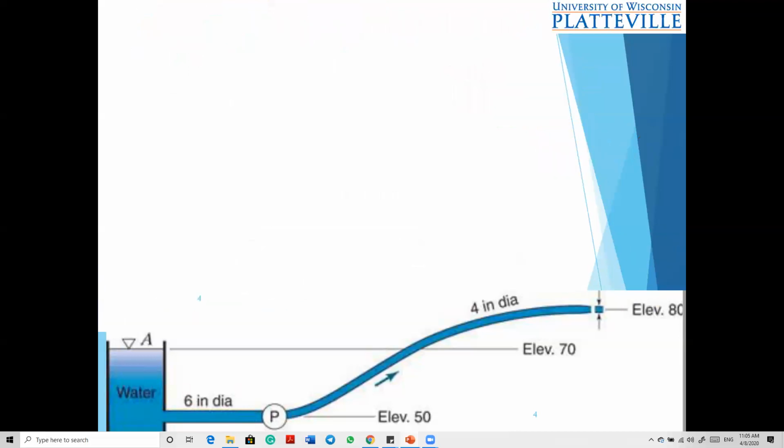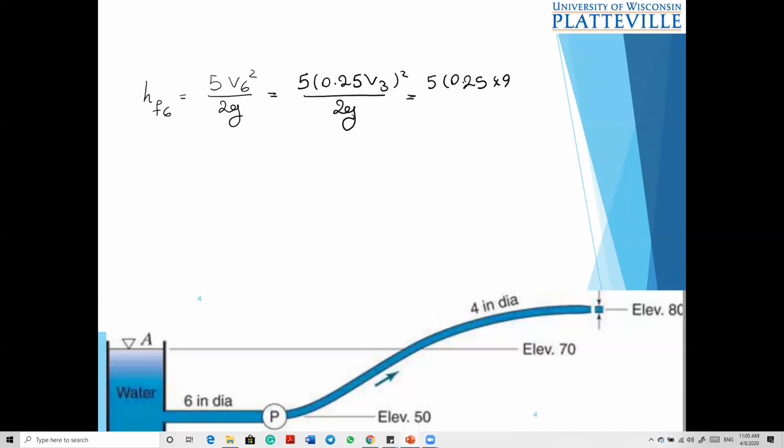All right, let's find out what is the head loss. For the 6-inch diameter pipe, it is K6 V6 squared over 2g, which is 0.25 V3 squared over 2g, and I just find what is V3, which was 29.7 squared over 2g, and g is in the British system, so make sure you put 32.2.